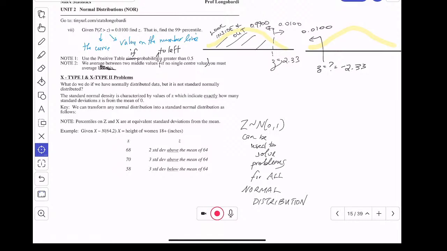I hope that helps, but you can call me later if you still don't get it. It's not clear. All right.